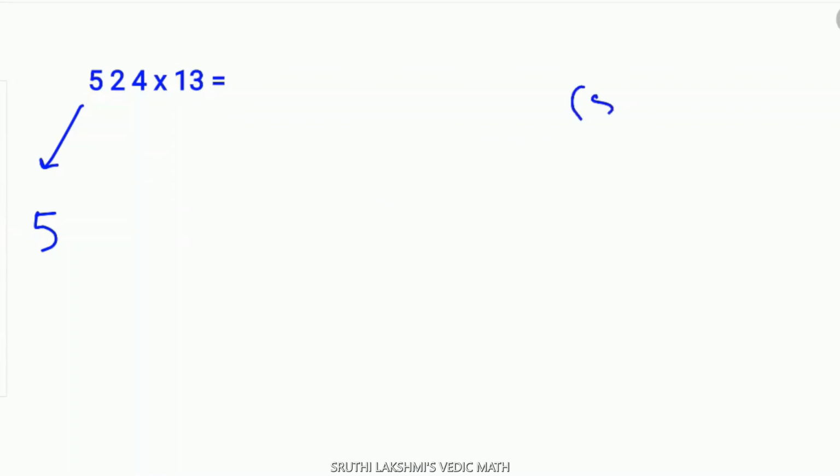So 5 times 3 plus the next digit 2. So 5 times 3 plus 2. 5 times 3 is 15, and 15 plus 2 is 17. So carry the 1 and write down 7.